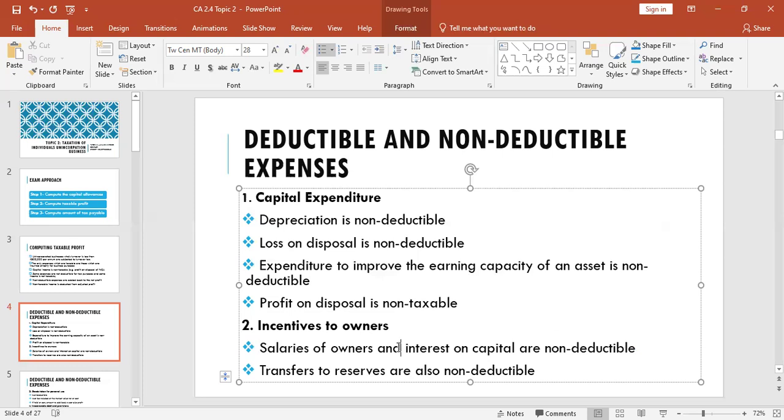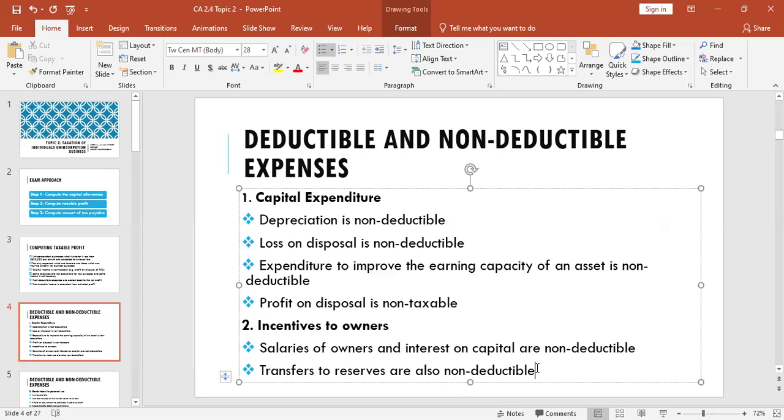So you've got maybe 3 employees. One of the 3 employees is a family member of the owner of the business. Then 2 employees are paid 2,000, and the family member employee is paid say 5,000, but they're doing the same job. That amount of expense is not deductible for tax purposes.